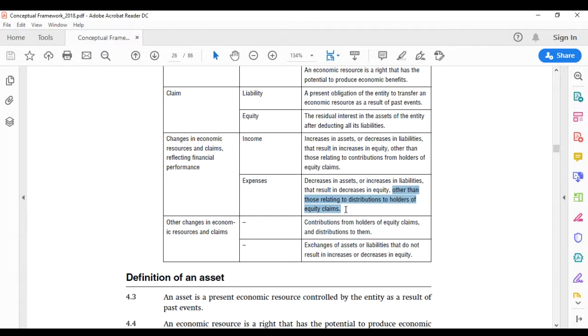It is because you are paying an expense. So therefore it carries on and it says other than those relating to distributions to holders of equity claims. So that refers to, in the case of a company, dividends, right? So you are not decreasing your equity because you are paying dividends to your shareholders. You are decreasing assets and decreasing equity or increasing liabilities because of expenses that you've incurred, right?